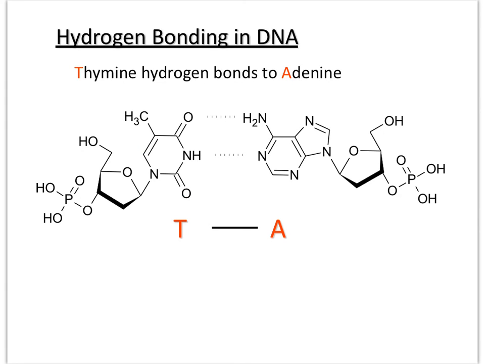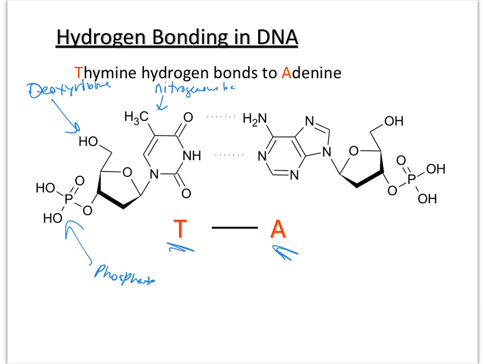Oh, here's your DNA. Look, it was 2 for the A's and the T's. So this is a phosphate group. This would be the deoxyribose. And this would be the nitrogenous base.